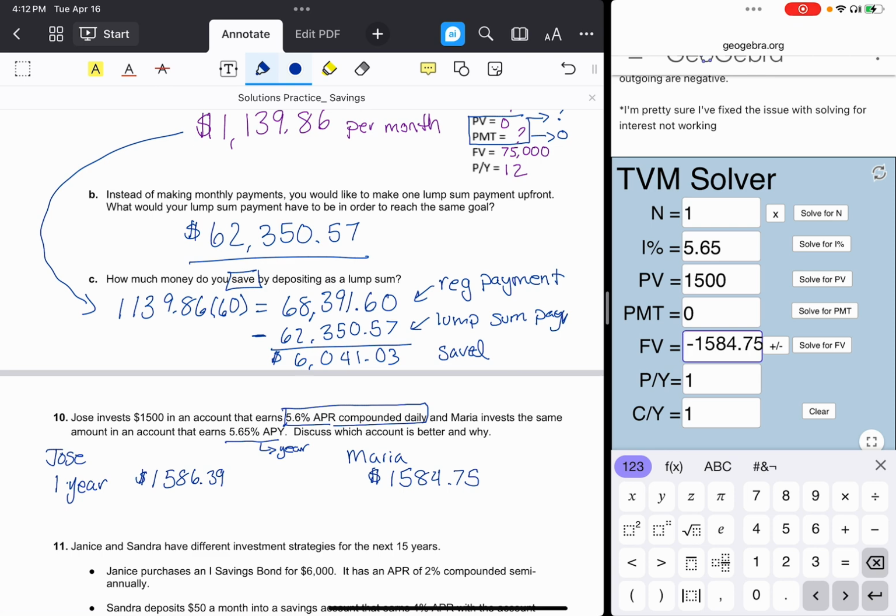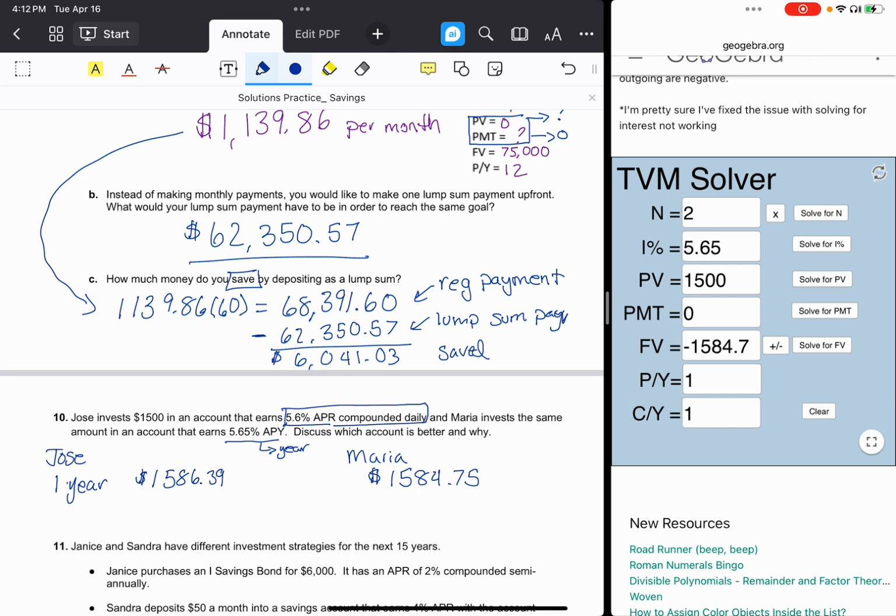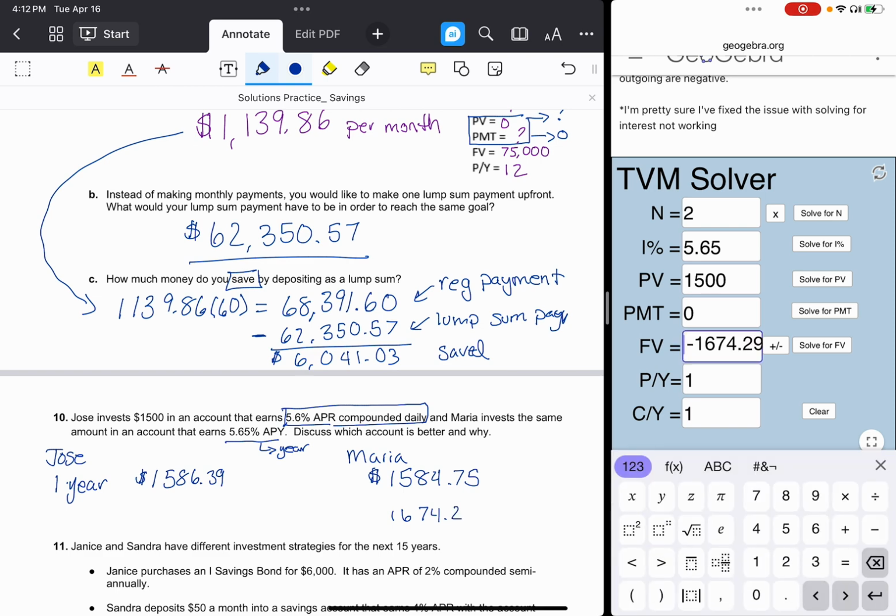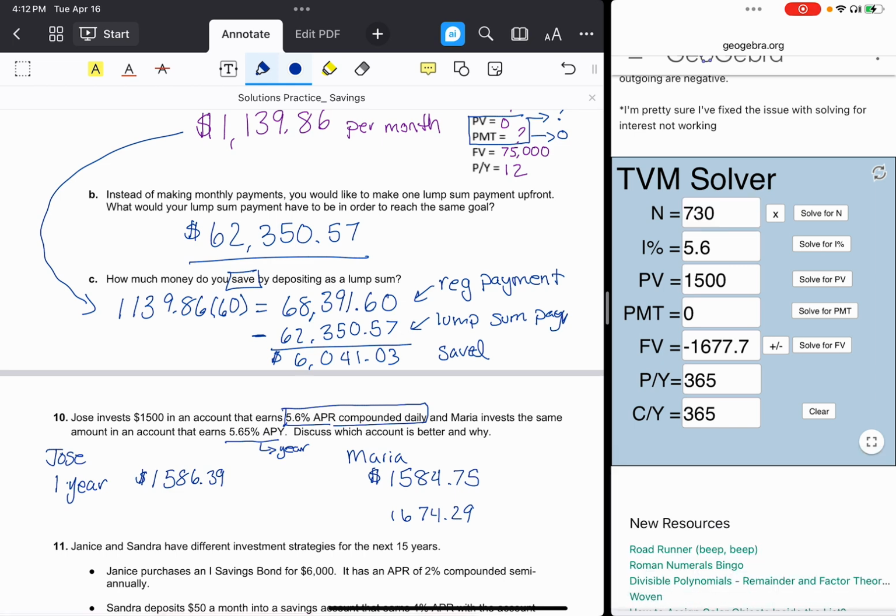Now I could keep doing this. What would she have in 2 years? In 2 years, she would have around $16,074.29. And I could compare that to Jose to see if we are still doing better. 2 times 365, solve. And this time he has $77. So he's continuing to have more money. So in the end, which account is better?